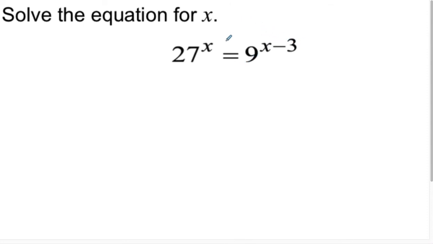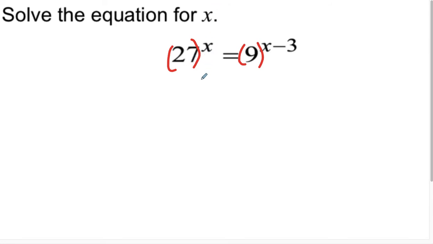We have to have the exact same bases. We can't use the base of 9, because what do you raise 9 to so that you could get 27? What you can do is change both of these bases so that the base is 3. So you need to be a little bit skilled in recognizing what base you should use. Sometimes it's obvious, and sometimes you have to stop and think about it.